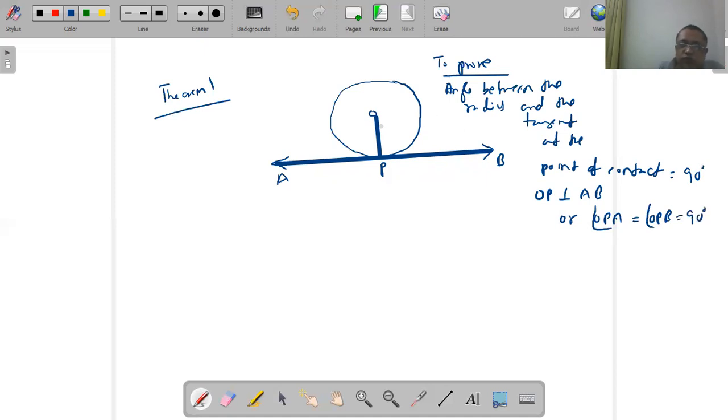So how do we prove this? We are going to do a construction. Let us assume that there is a point here.